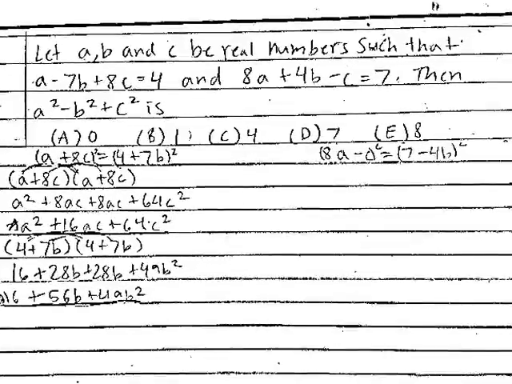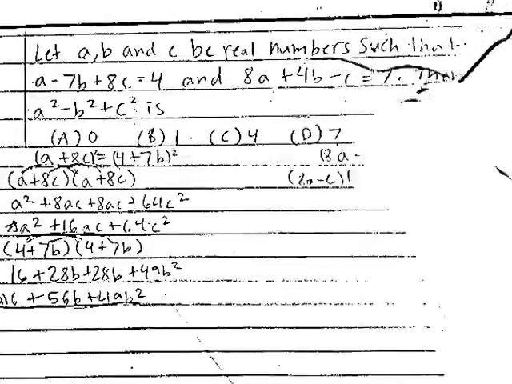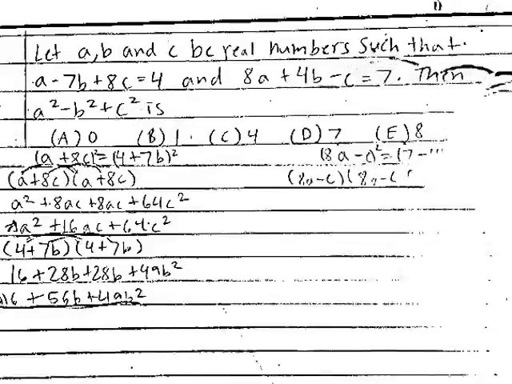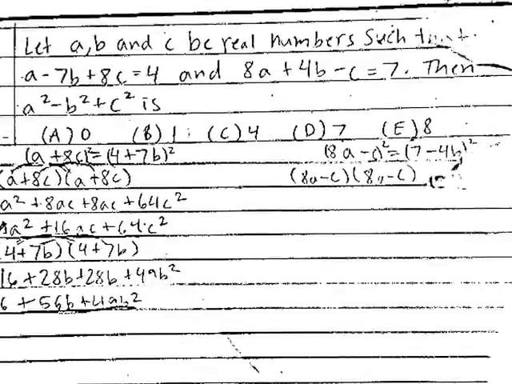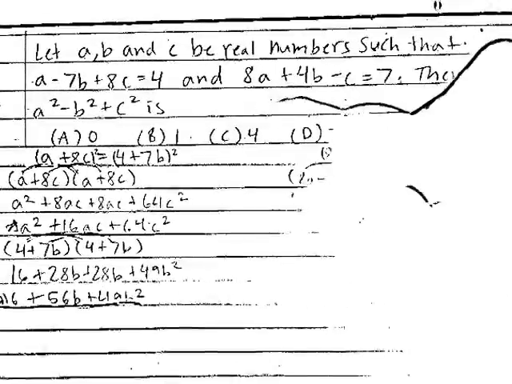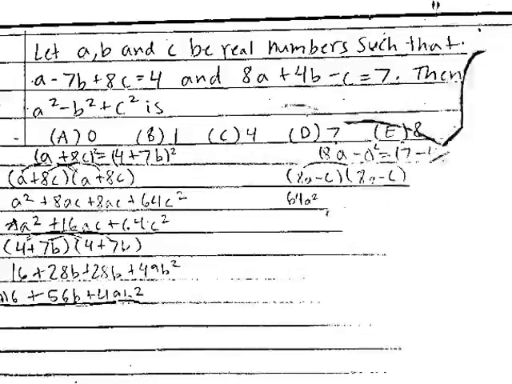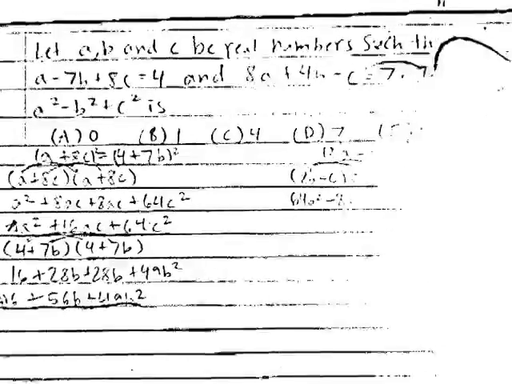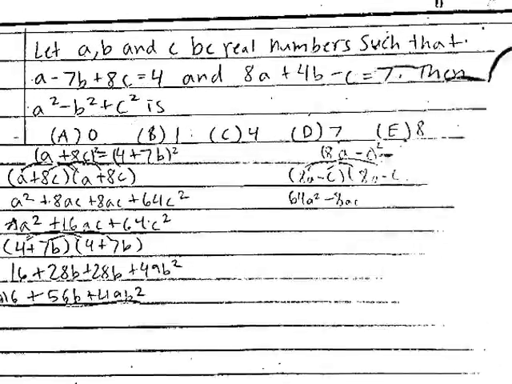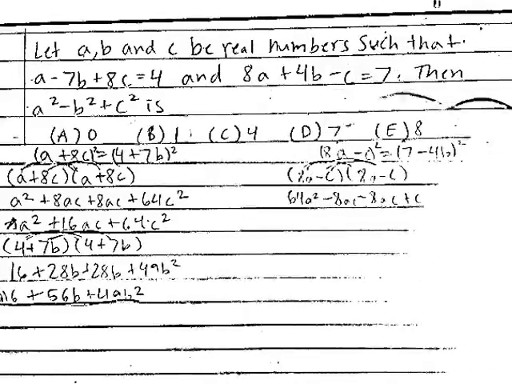And now we're going to do it for this one, which is 8a minus c times 8a minus c. Okay, so first, which is 64a squared. Okay, outer, negative 8ac, inner, negative 8ac, and last, which is c squared.